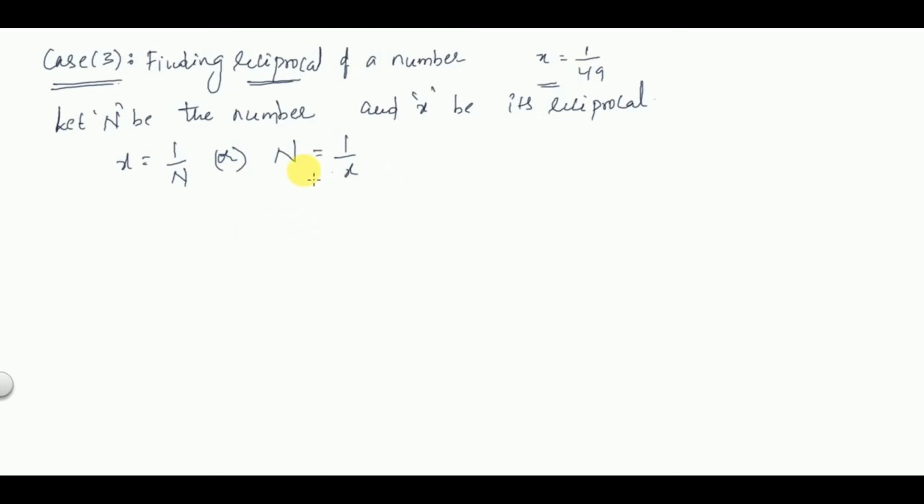From this what can we write? 1 by x minus n is equal to 0. This we are taking as f of x.